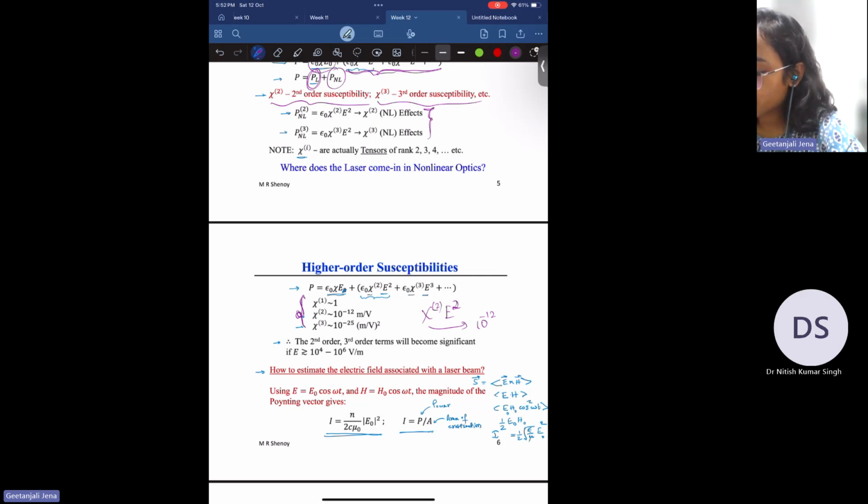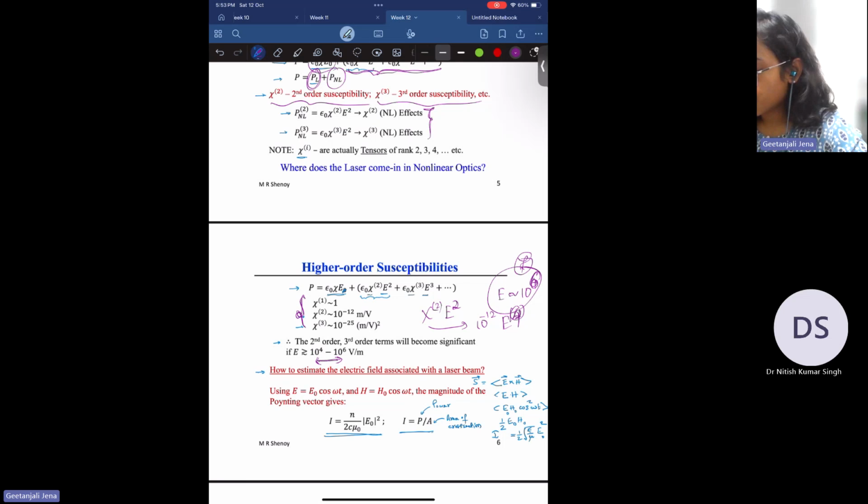So it will become significant when the electric field is on the order of 10 to the 6. So when you take E square, the 10 to the 12 and 10 to the minus 12 cancel each other. So the nonlinear effect will become significant when the electric field lies in this range.